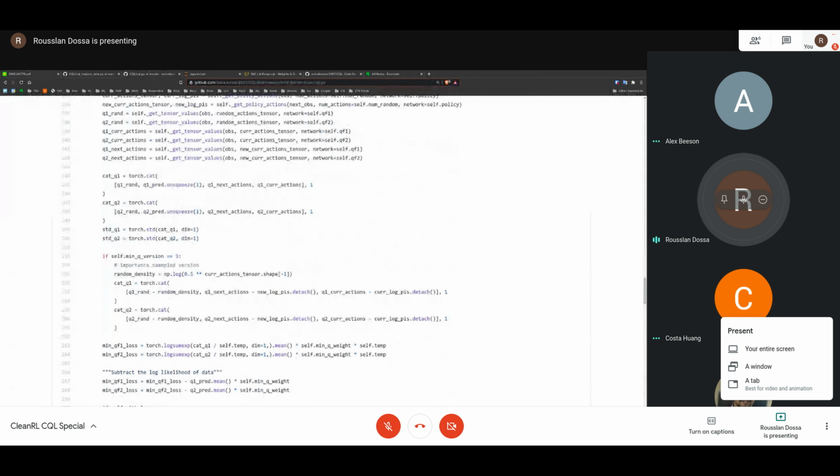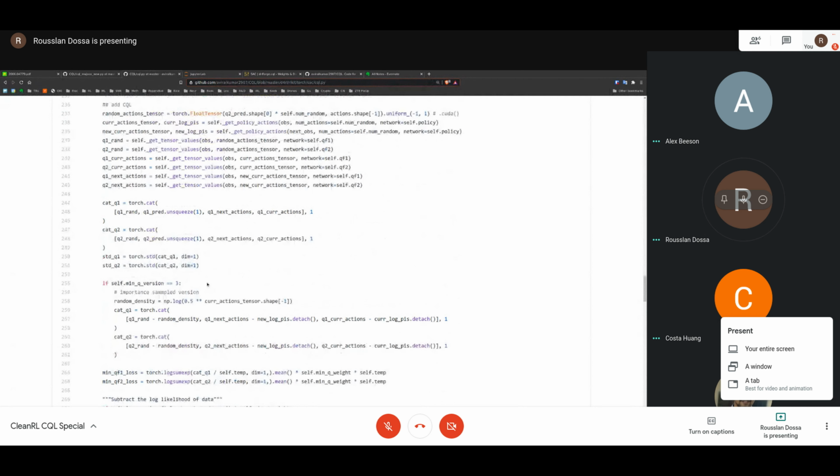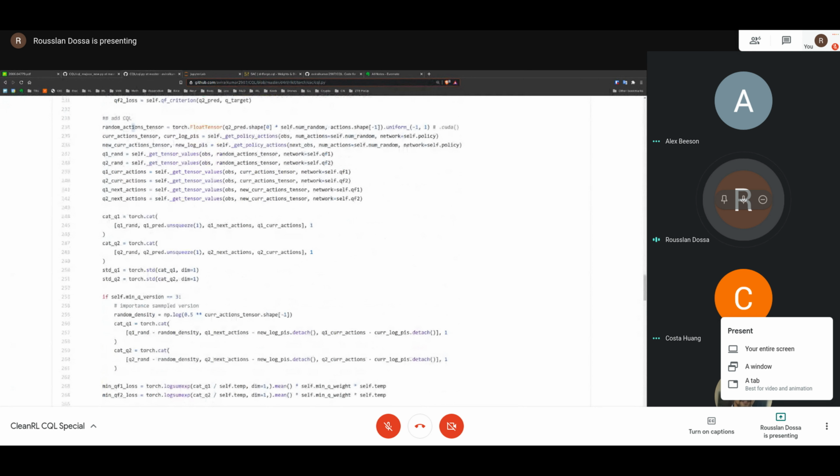Yes, here. Importance sampled version. Well, slightly different from yours. Here they sample from uniform, and then they sample the actions from the current policy for the current states, actions for the next states, and then they do the corresponding Q value computation. And that's what they concatenate everything into here.